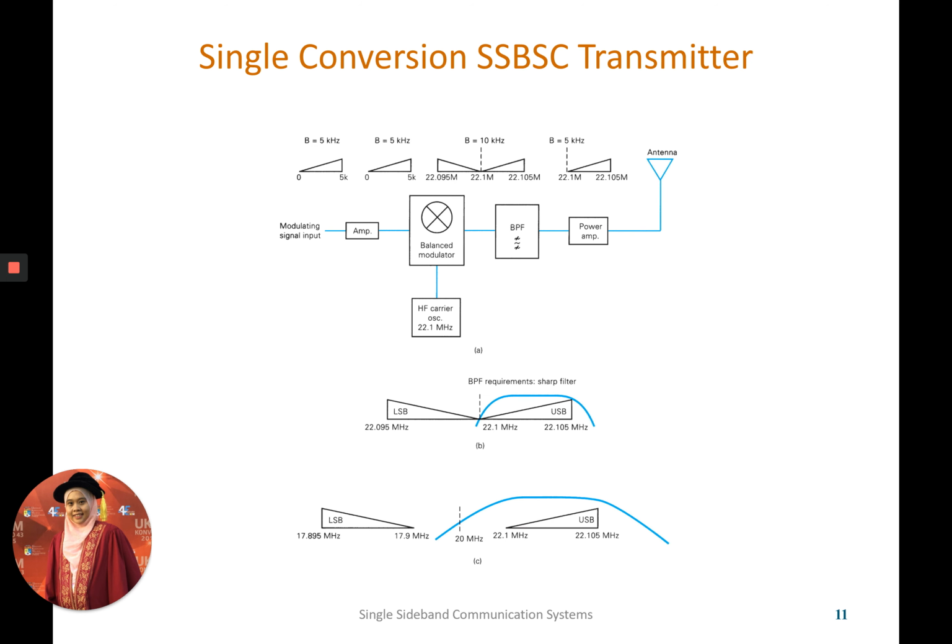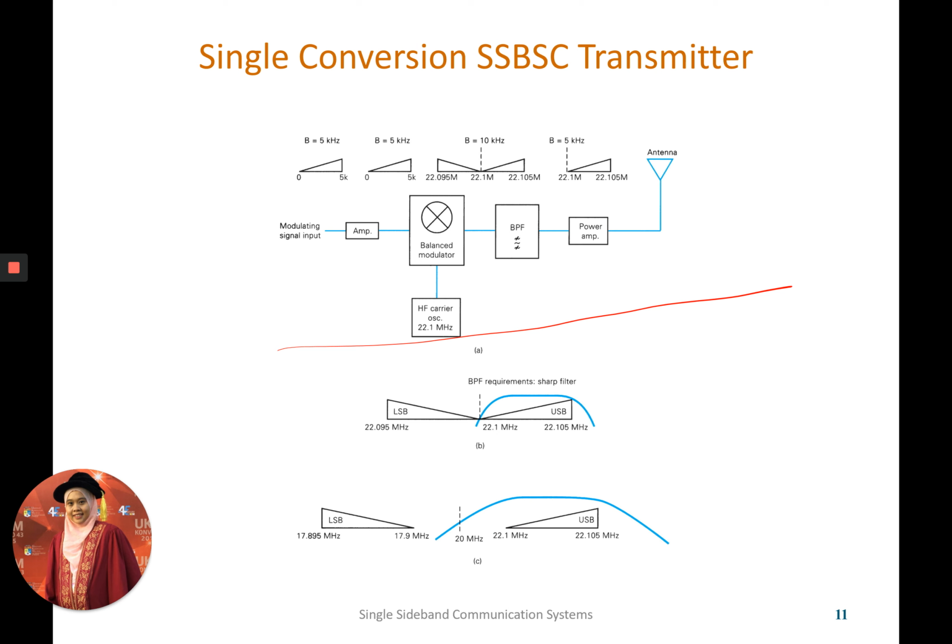Okay, so this is an example of how we can have a single sideband suppressed carrier transmitter. All right, this is the diagram, and this is how we try to separate the lower sideband and upper sideband based on filtering requirements.